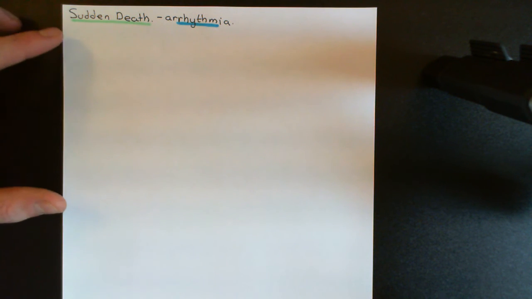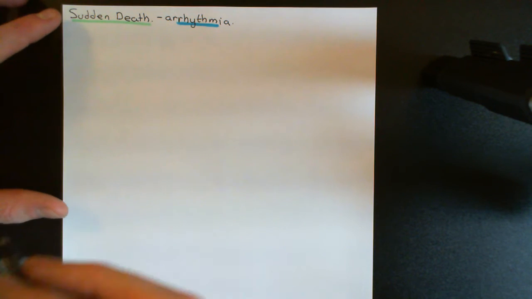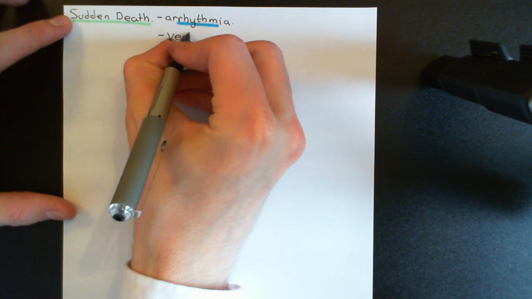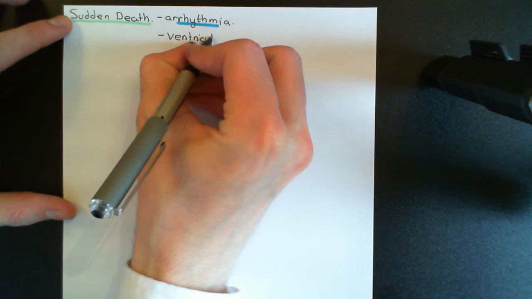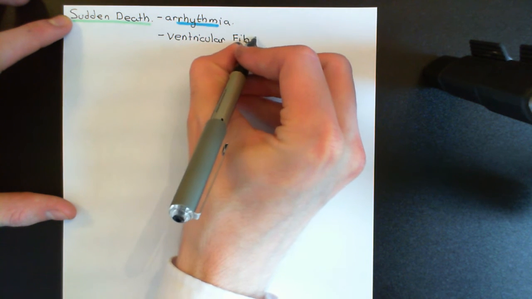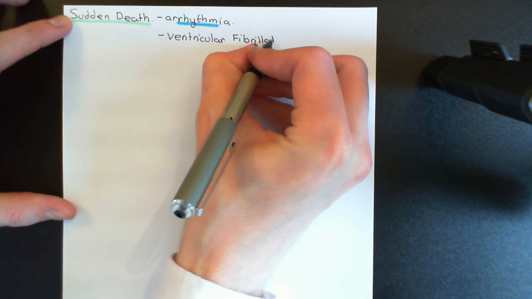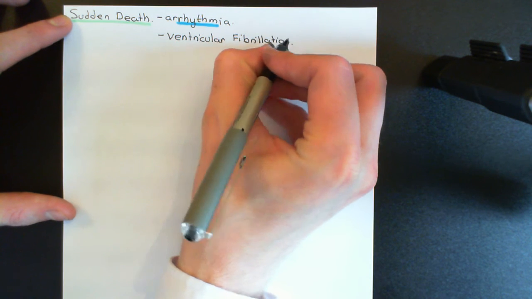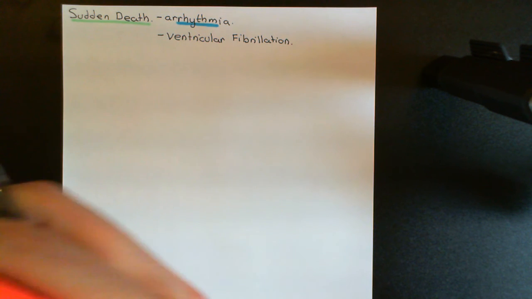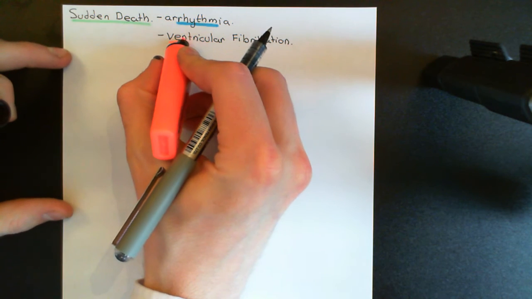Okay, so the reason then that heart attack can cause sudden death is it can result in a very dangerous arrhythmia known as ventricular fibrillation, and I want to explain what happens in ventricular fibrillation. In ventricular fibrillation, the ventricles start conducting electrical signals and being stimulated to contract at a ridiculously fast rate.